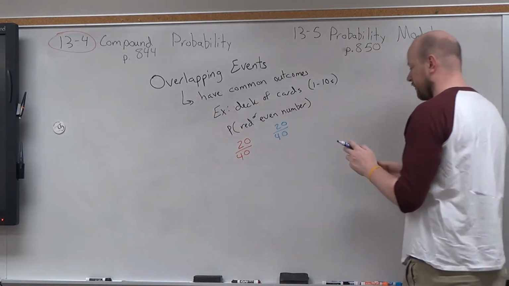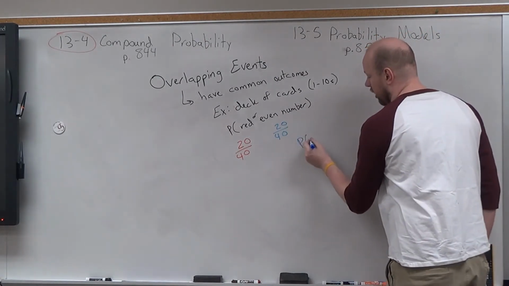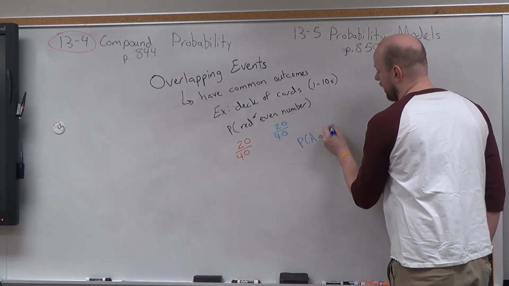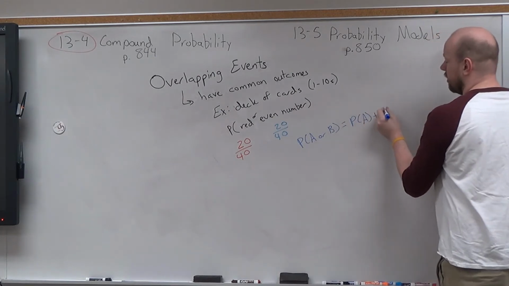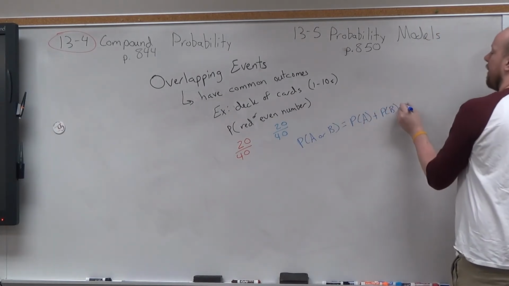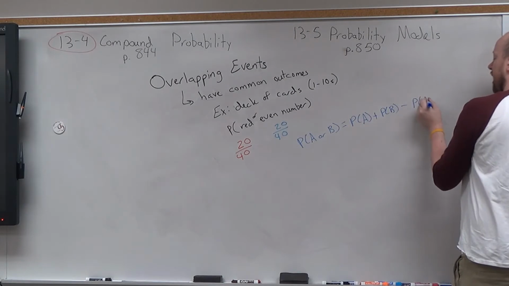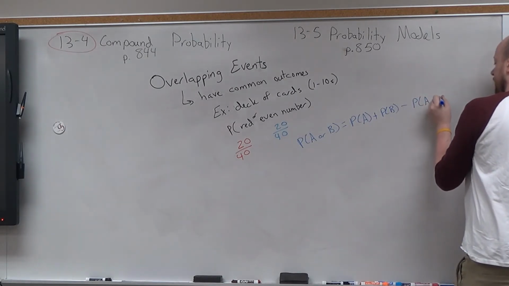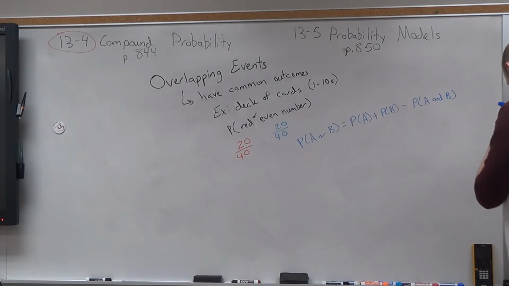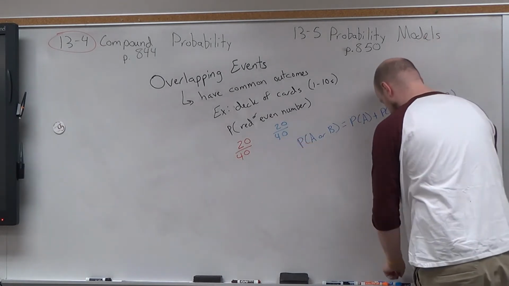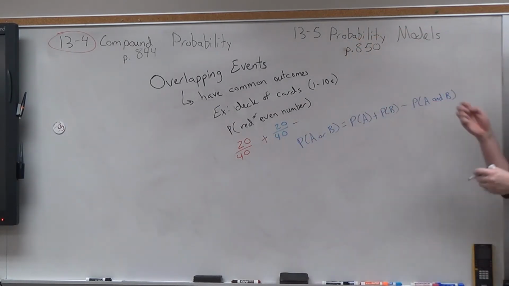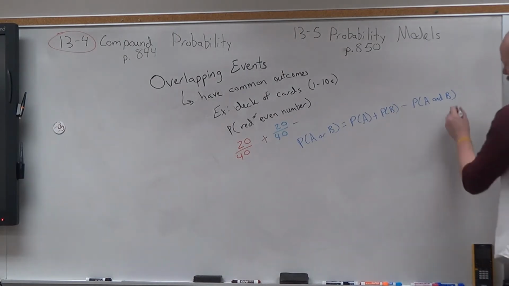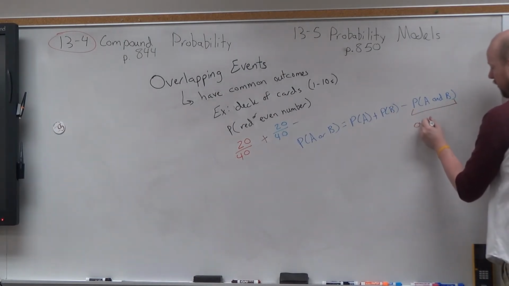The formula turns into P of A or B equals P of A plus P of B minus P of A and B. So we still get our 20 plus 20, which is fine. However, we have to subtract this P of A and B. What this turns into is the overlaps.